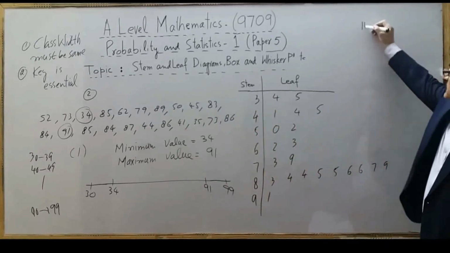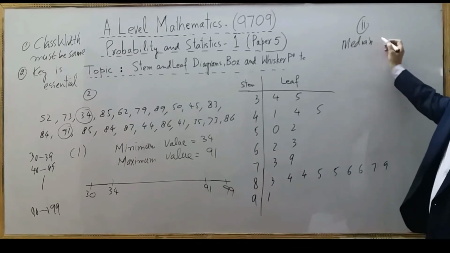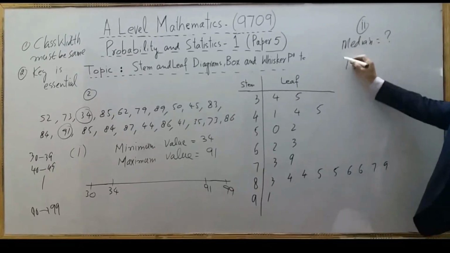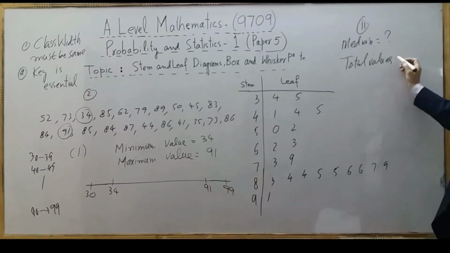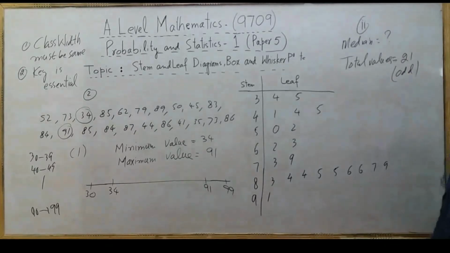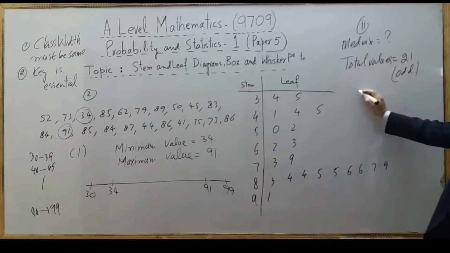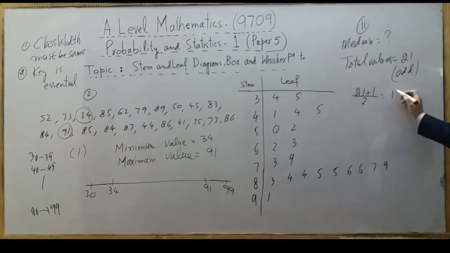Now in the second part you are asked to find the median. For the median, first you see how many values. So we have a total of 21 values. 21 means odd values. Now when you have odd values, you take 21 plus 1 divided by 2, which is equal to 11.